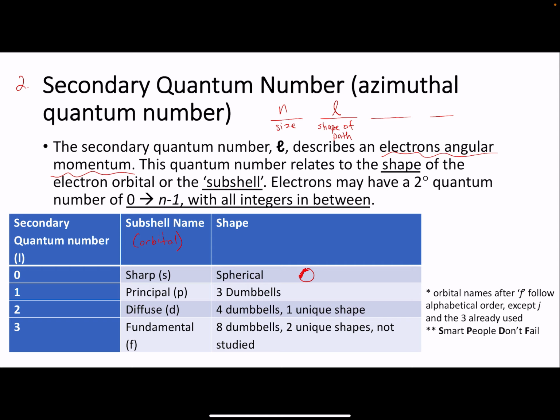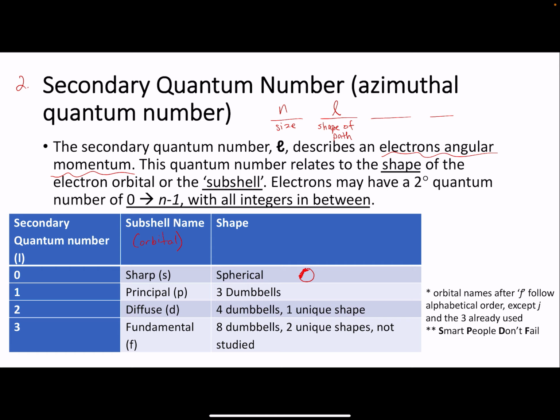These numbers can exist within a set range, and it depends on the first number. For the numbering, n can be 1, 2, 3, 4, 5, 6, 7, all the way up depending on the number of electrons we have. The second number depends on the first number, and remember that this depends on a specific electron.